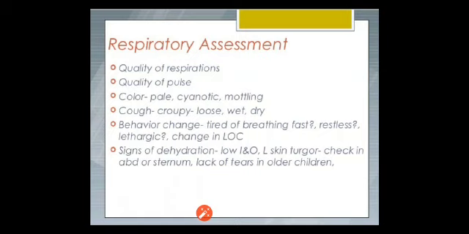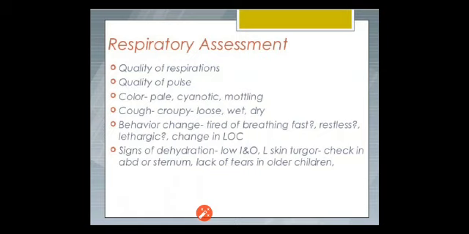Okay. Next, cough. About cough we will see croupy cough. There are different types: croupy cough, loose and wet cough, dry cough. So croupy cough is similar to a barking sound, a harsh barking sound.